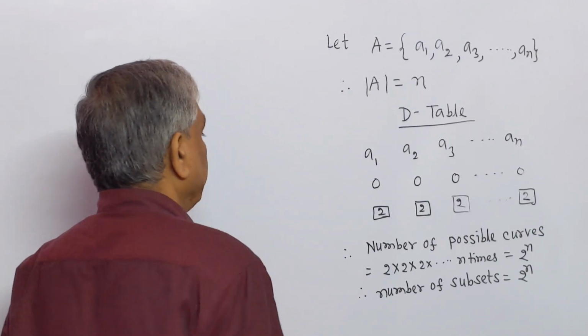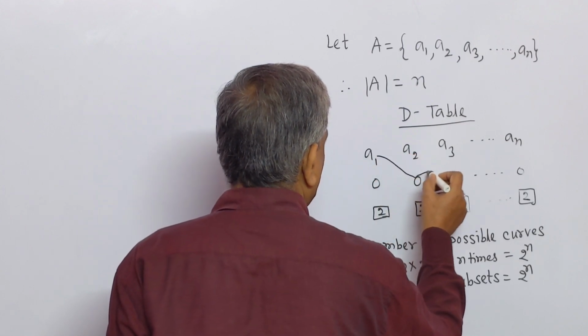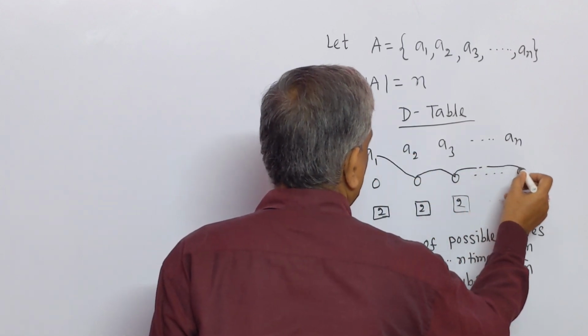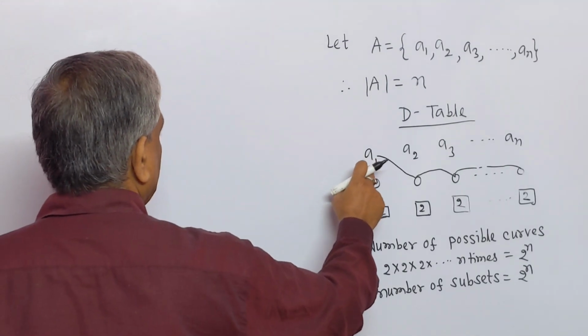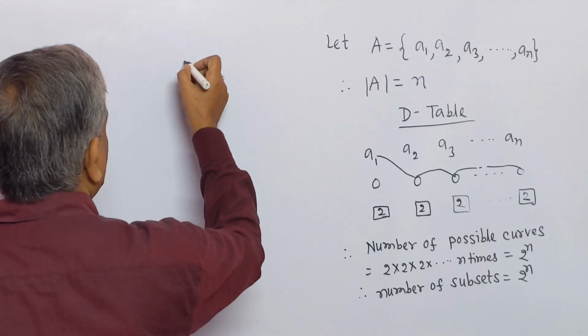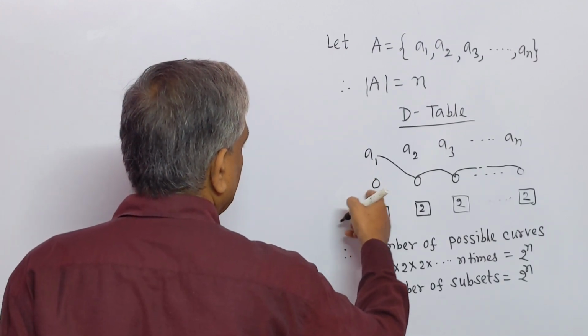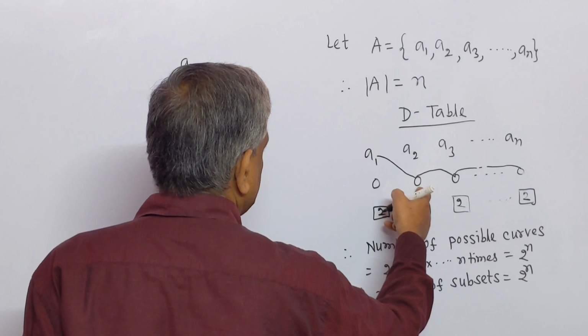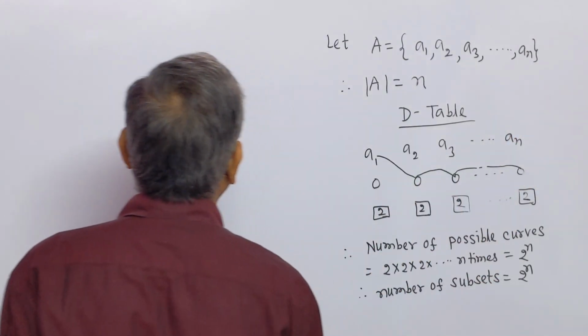If we draw a curve like this, the curve represents a set containing element A1 of the first column, no element of the second column, no element of the third column, and no element of other columns.